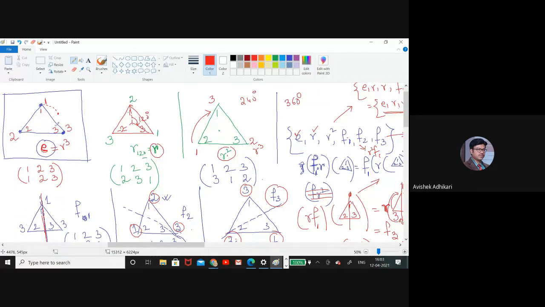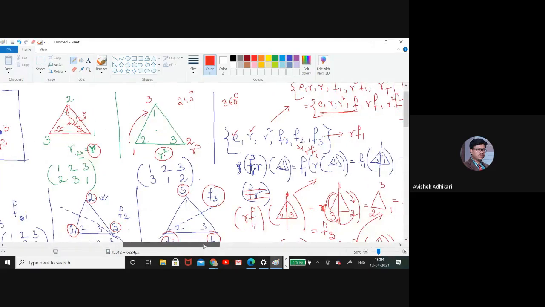That means you have just taken it out and then you put it back at the same place where you had the hole. That means 1 goes to 1, 2 goes to 2, and 3 goes to 3. So that means here you have now R cube equal to E. Now what about F?